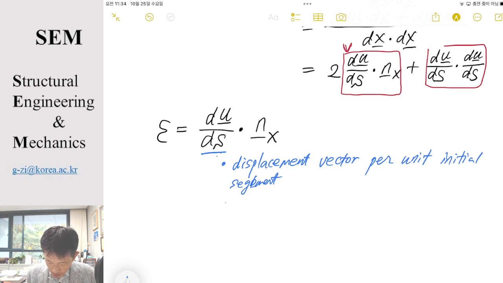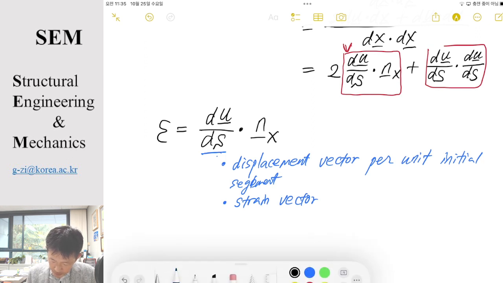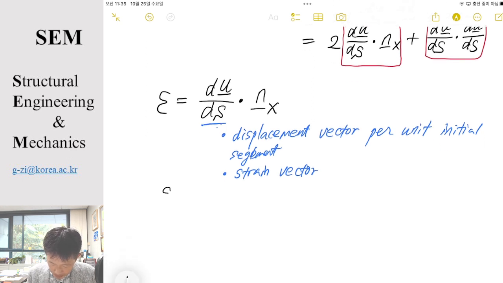In other words, we can call this strain tensor, a strain vector, sorry, strain vector. It has only one index, which means the fraction of the strain can be obtained like this. The fraction of strain can be obtained by means of the strain vector and then normal vector, dot product between this.